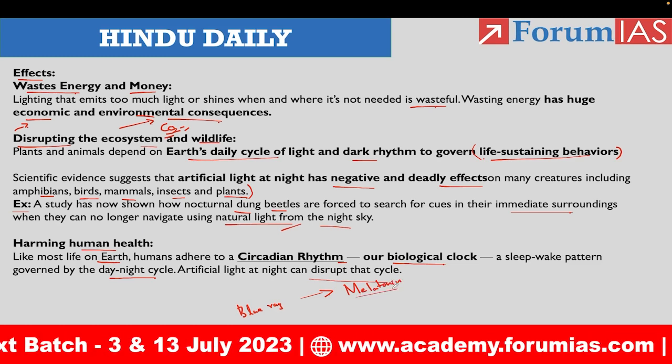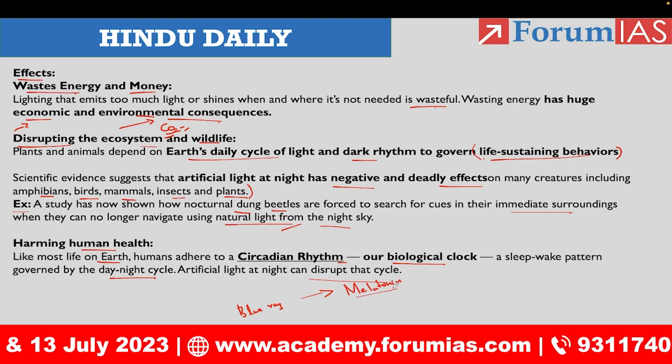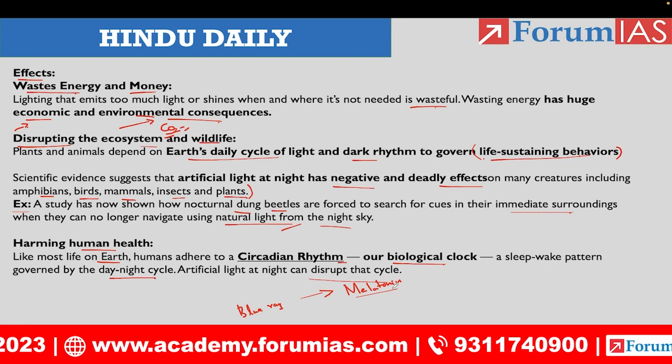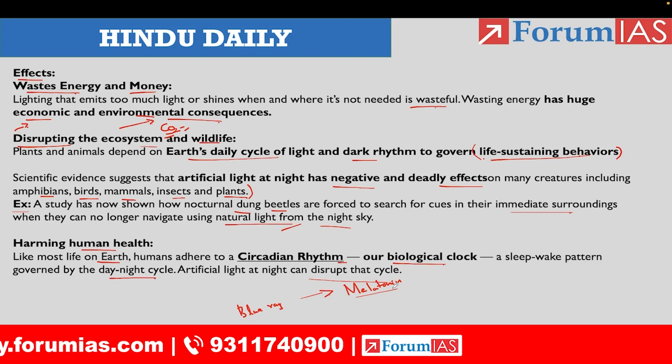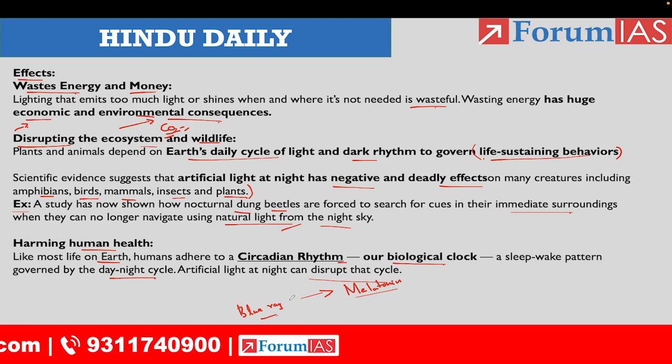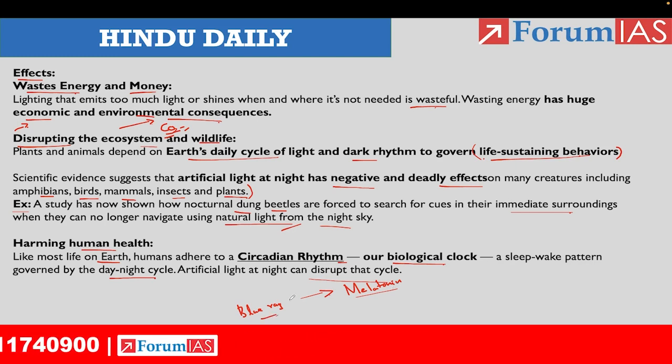Melatonin is a hormone secreted in the human brain during deep sleep. So the melatonin secretion will be affected and the next day you will be feeling very tired. So these are all the implications we are getting upon the environment and human beings because of the light pollution.